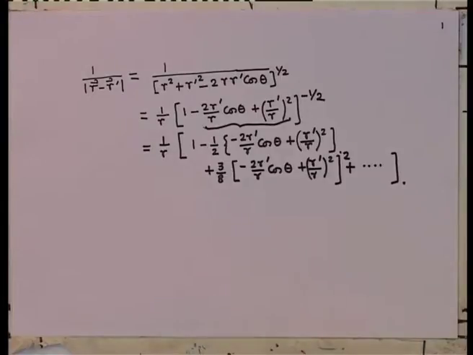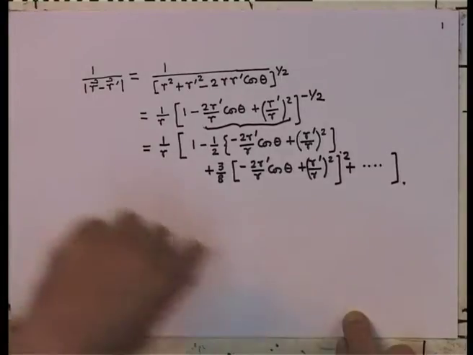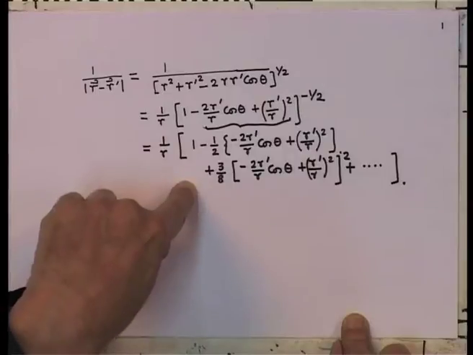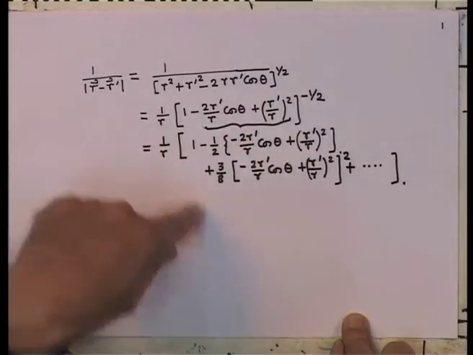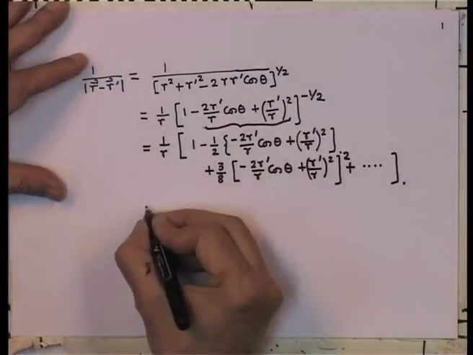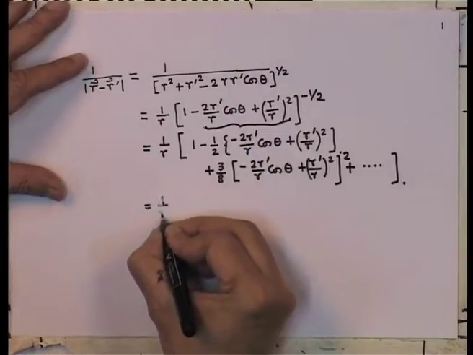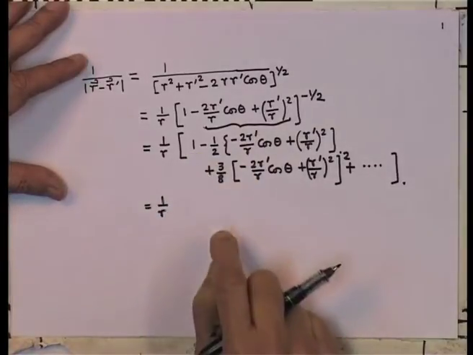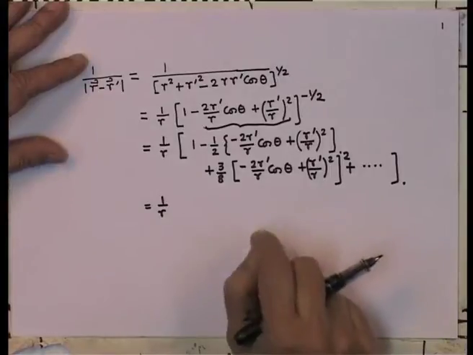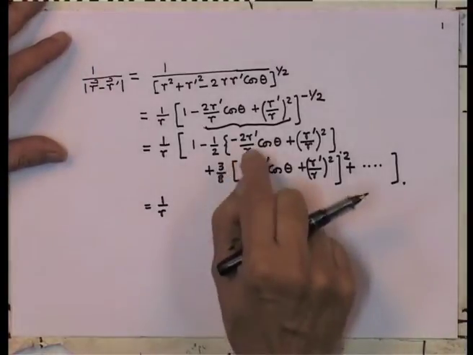Now, what I am going to do is to make this expansion in powers of cosine theta, and let us look at what it gives me. I have got, of course, 1 over r, which comes from the term 1. I pick up terms of cos theta, and that comes from here.